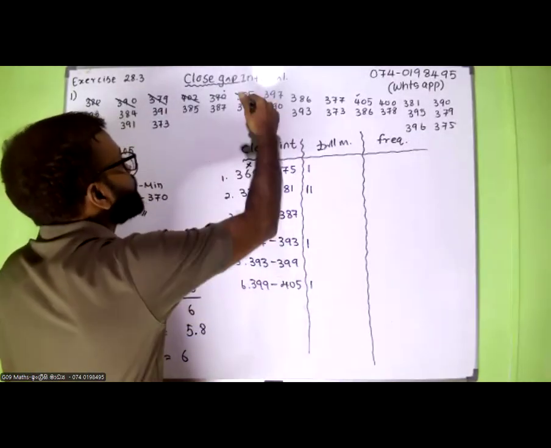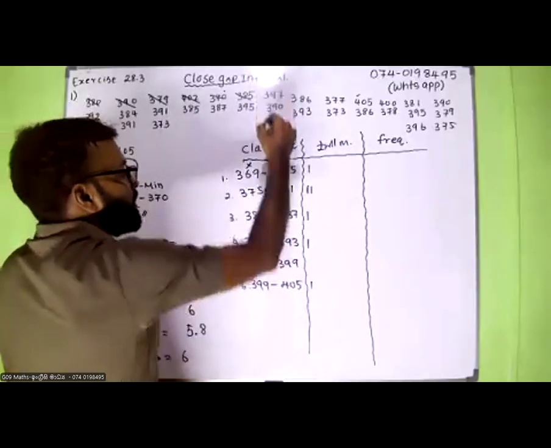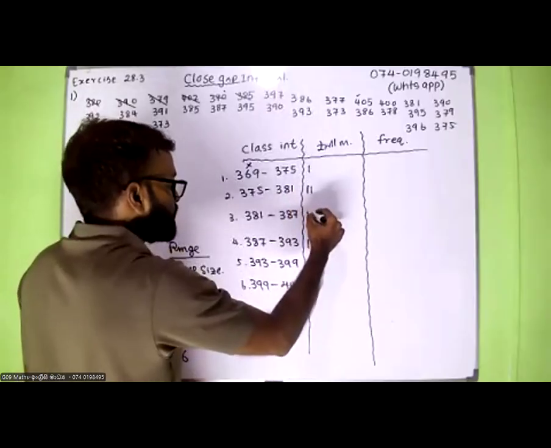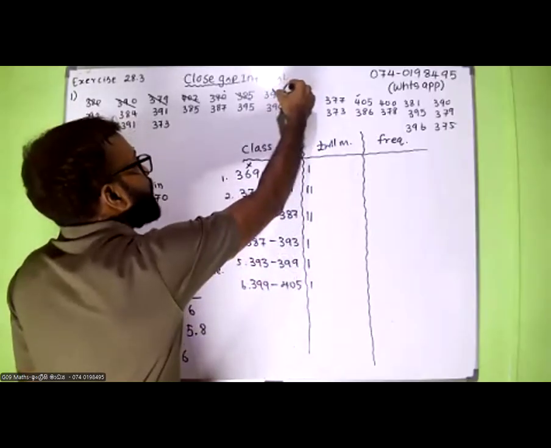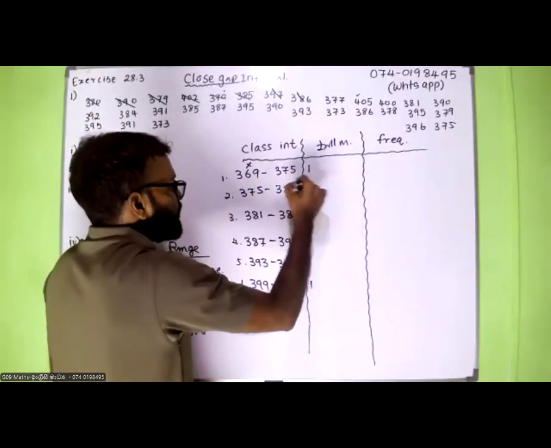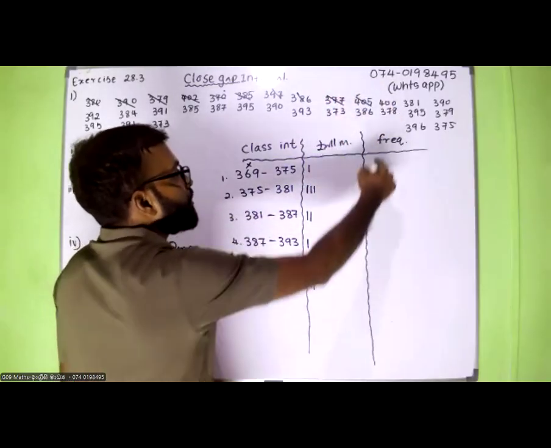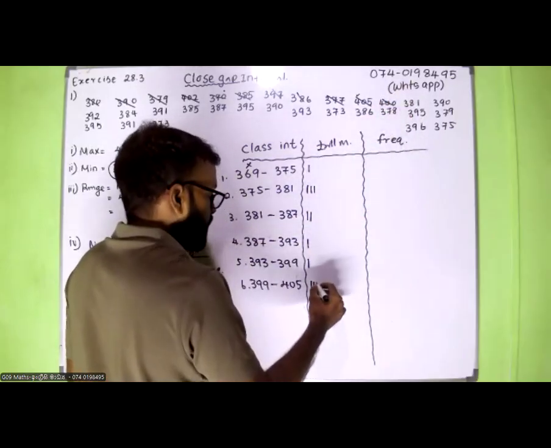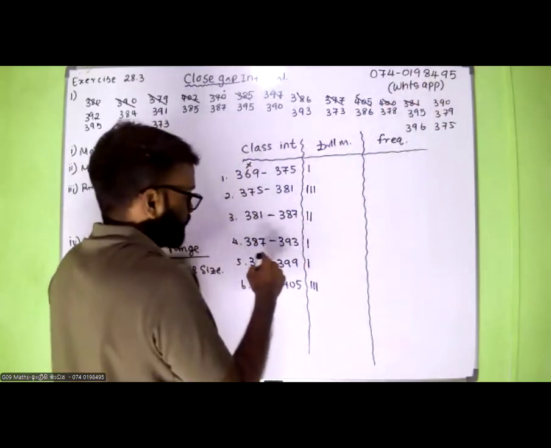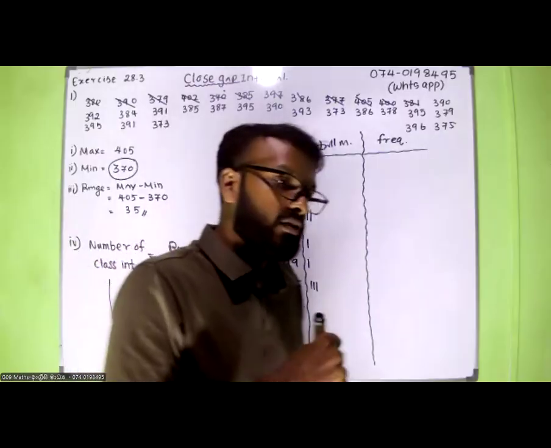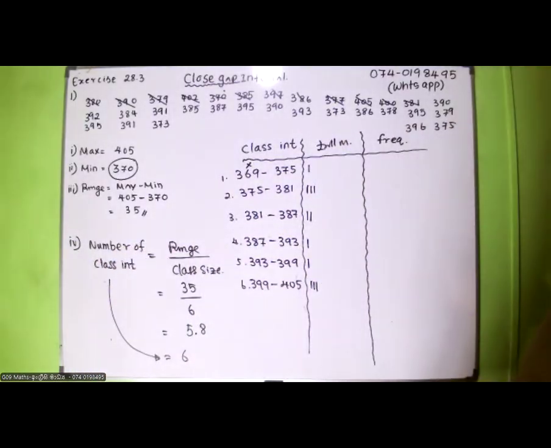This one, 397. 386 here. 377 is here. 405 again, here. 381, this one, no, this one. 381, class interval third one. Huh? Tell me.